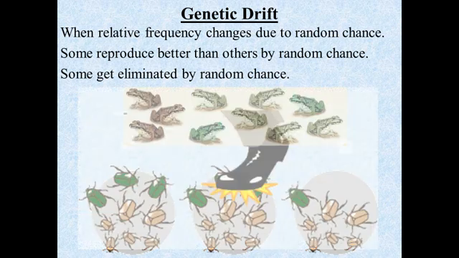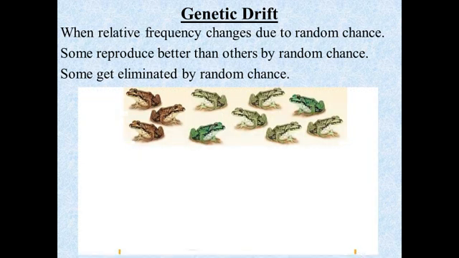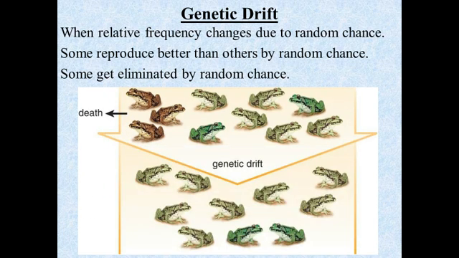That's genetic drift. Besides people with big feet squishing bugs, we can also have a tornado that just by random chance happens to take out a number of different individuals in a population. And so after that event, we have a change in the relative frequency of frog colors, right?